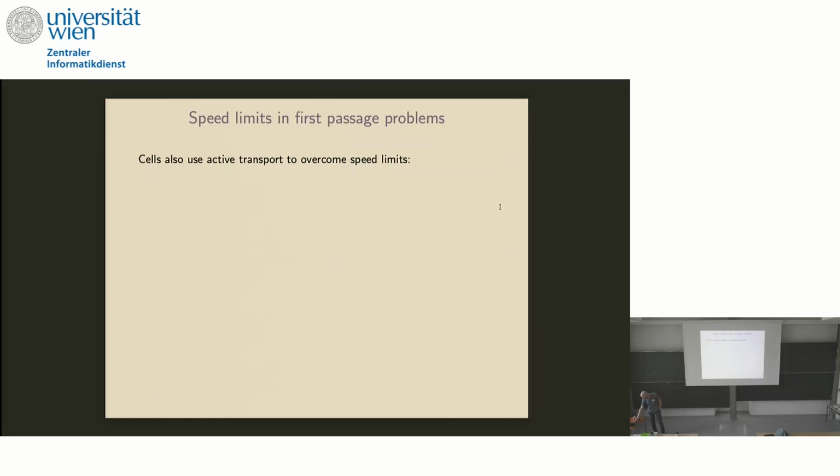The way cells get around this is they actively transport things. They have various ways of taking a particle and shuttling it between two regions. An example is that transcription factors can attach to the DNA and slide along it, which makes them move much faster than if they were just diffusing.